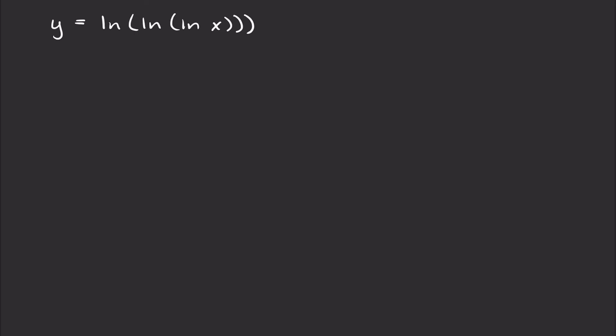Okay, our next function, we have y equals the natural log of the natural log of the natural log of x. So to do this, we're going to have to be a little careful. So first I want to write this as the natural log of some function u. So maybe I'll put that in parentheses.